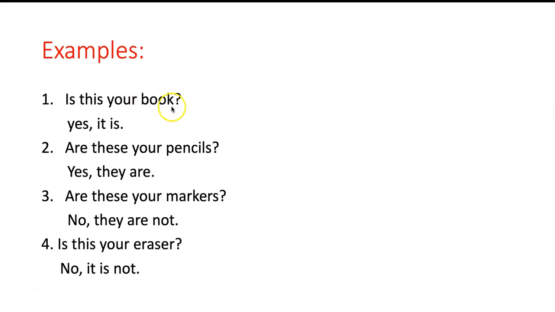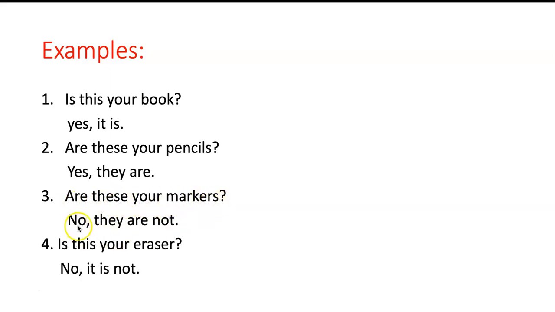It's only one book. Number 2. Are these your pencils? Yes, they are. You answer with "they are" because pencils is plural. Number 3. Are these your markers?